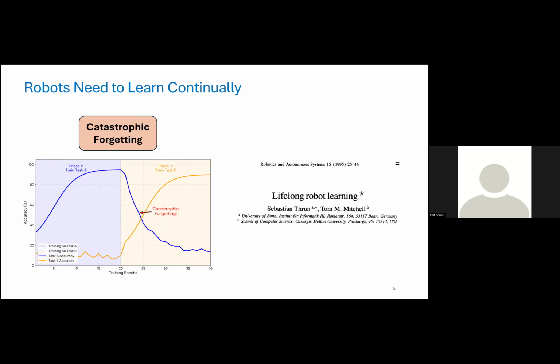The issue that I was mentioning before, that we want to avoid when we continually learn new things, is forgetting. That means basically that when we have any machine learning model that's first trained on task A, then performance increases a lot.